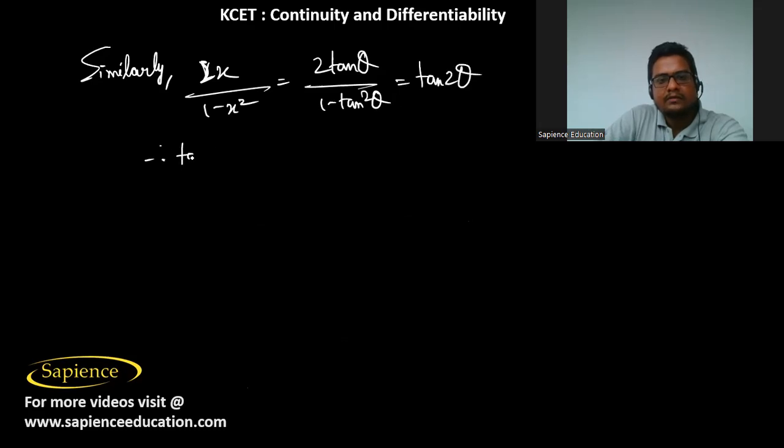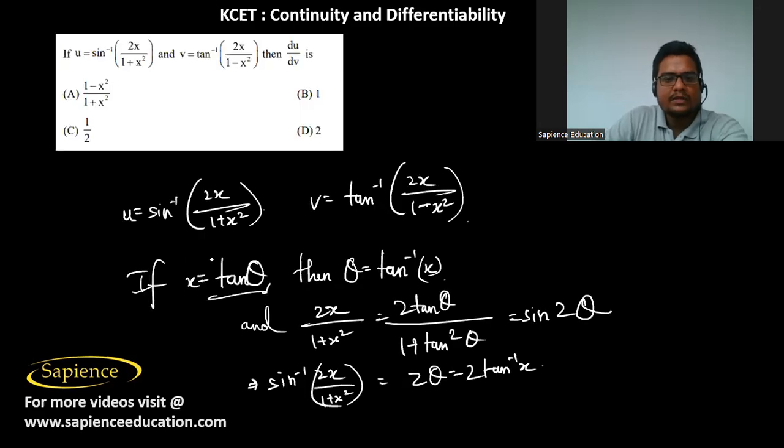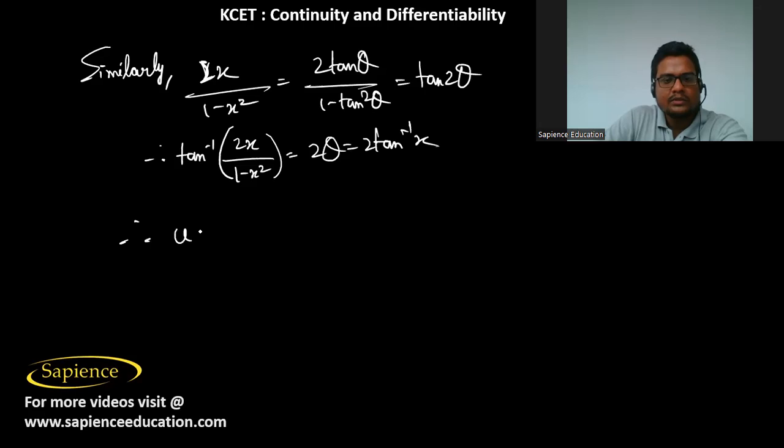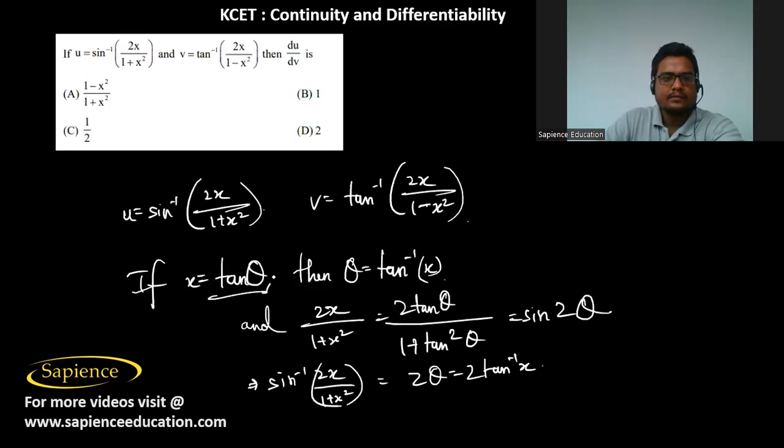So tan inverse of 2x by 1 minus x square can be written as 2 theta, which is also equal to 2 tan inverse x. So therefore we can see that u and v are actually the same. U is equal to v, which is equal to 2 tan inverse x. So du by dv that we have to find is nothing but dv by dv. So simply that will be equal to 1. So option B is the correct answer.